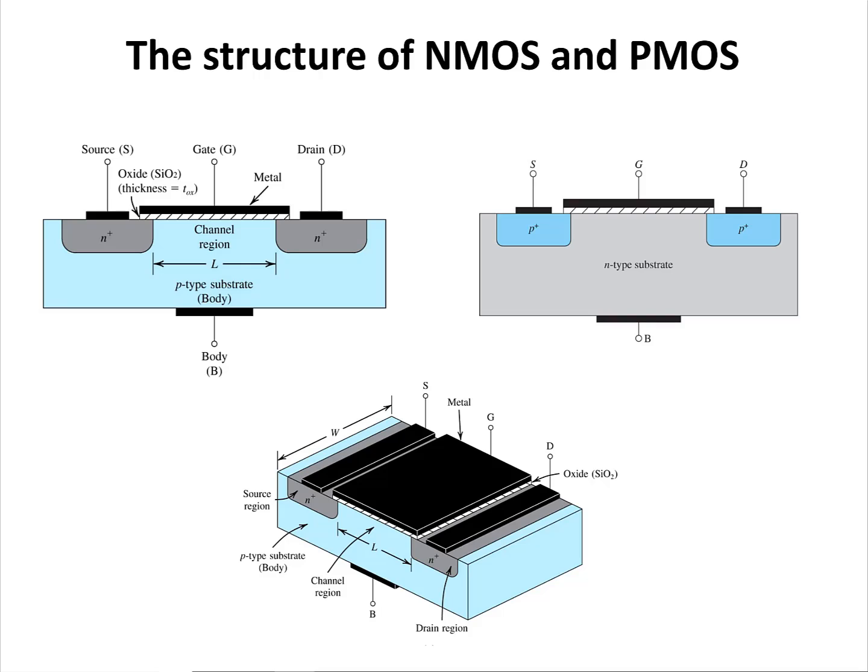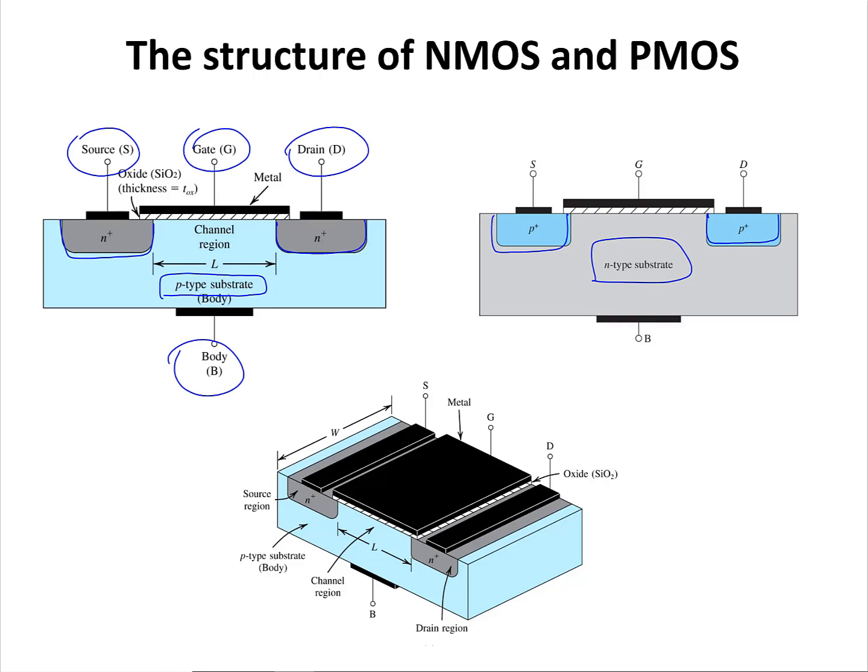In an NMOS transistor, the substrate is made using a P-type semiconductor, and there are two wells built using N-type semiconductor. In a P-type MOSFET, the substrate is N-type and the wells are P-type semiconductors. Both of them have four terminals: gate, drain, source, and body. The same goes for a PMOS transistor.